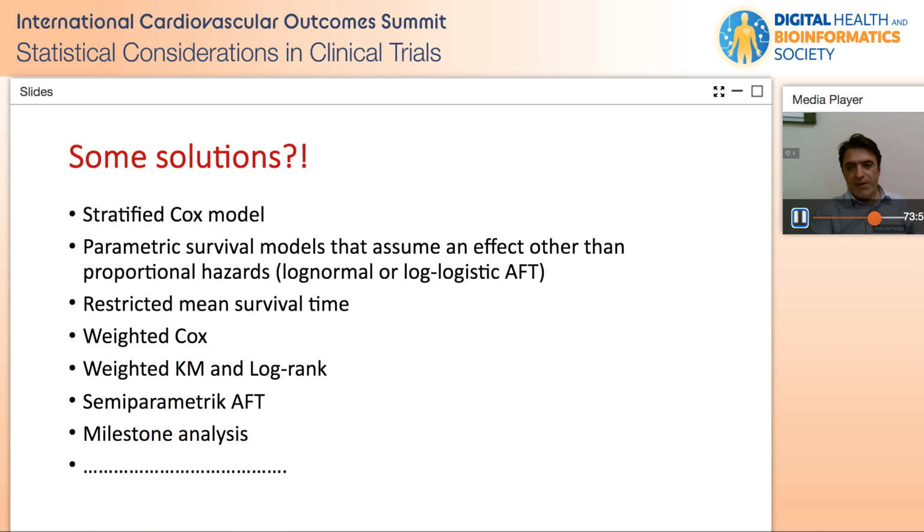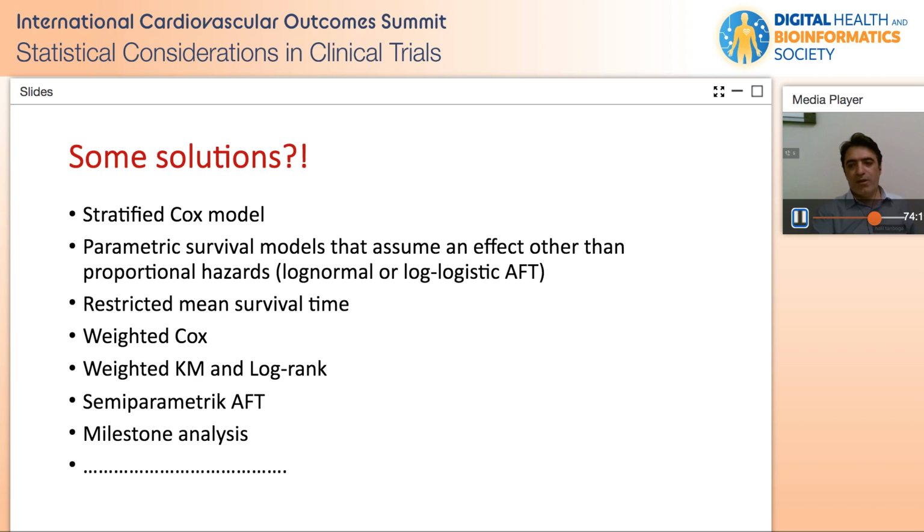Let's say there is significant or major non-proportional hazard. What would be our strategy? How do we analyze? In the case of non-proportional hazard, for example in the case of crossing survival curves, you cannot use traditional methods such as the Cox proportional hazard model.